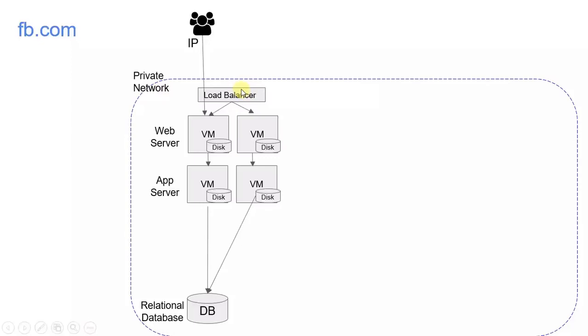You want people to access your application with a domain name, something called, say, fb.com, and that's where you need some DNS service where you can map this domain name to the load balancer IP address probably, right? Okay, so far so good. This works fine, right? Your application is 3-tier and it is working well.